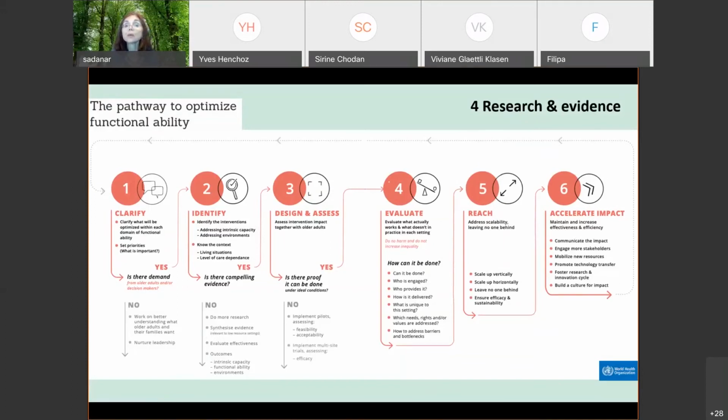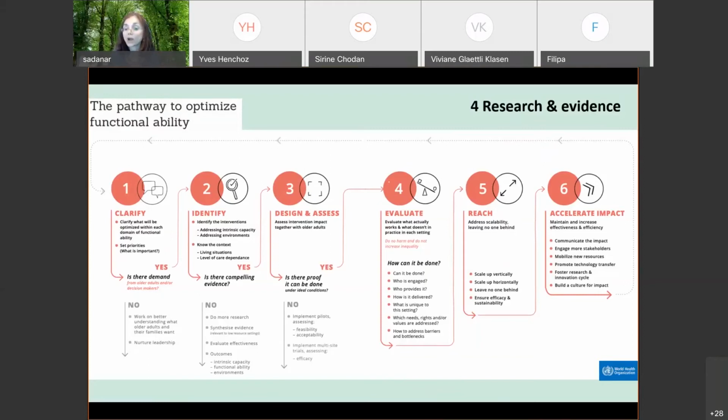We want to be able to design and assess these interventions, and sometimes these need to be evaluated not only in one place, but in many places, because it's not only the what that matters, but also how it can be done. And in different contexts, people may innovate in new ways that are also enlightening for other places. So we need to be able to share that learning.